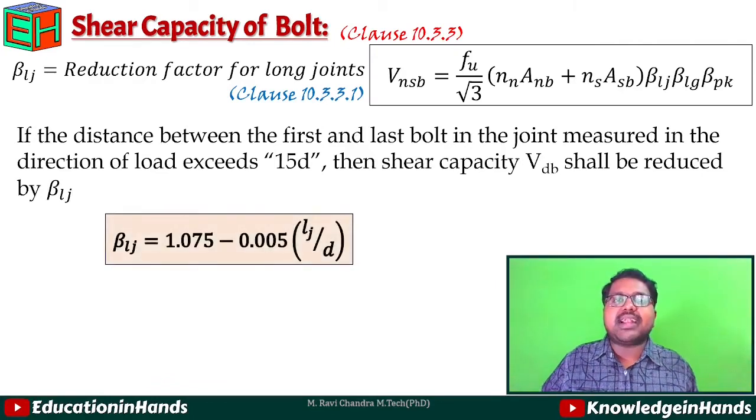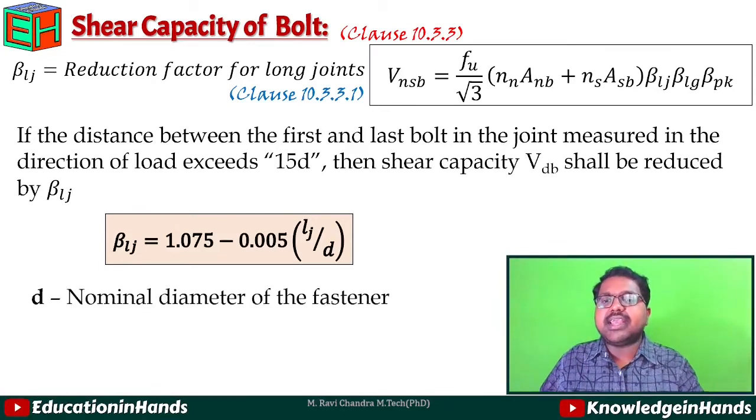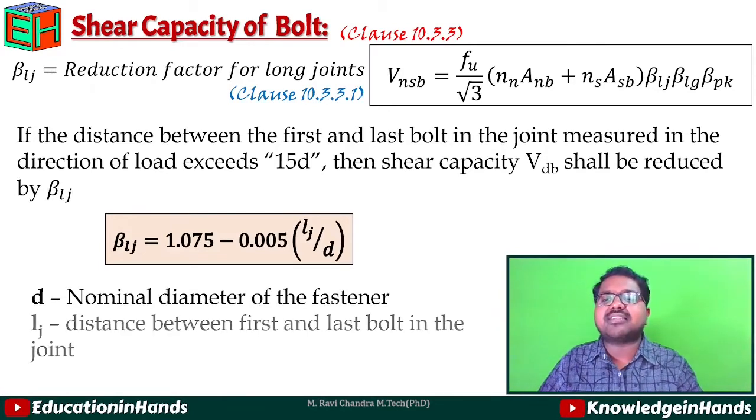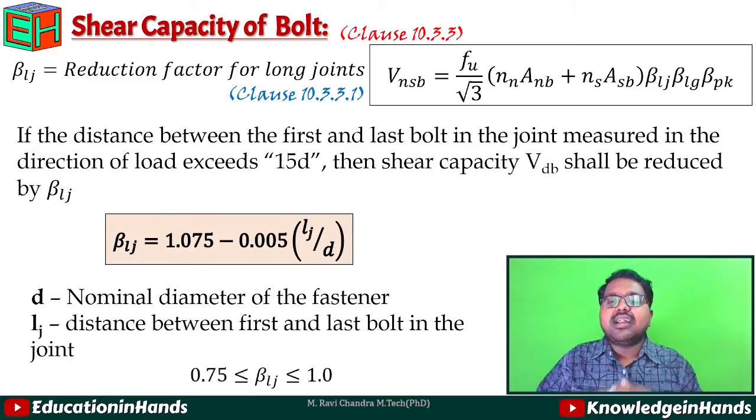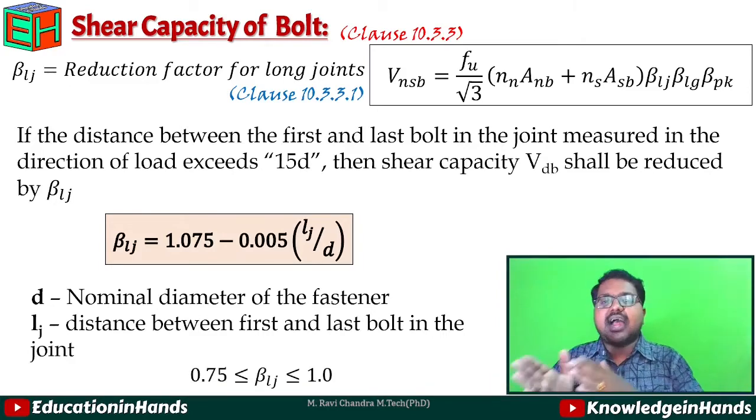So what is this beta LJ? It will be equal to 1.075 minus 0.05 LJ by d. So here d is the nominal diameter of the fastener and LJ is the distance between first and last bolt in the joint.